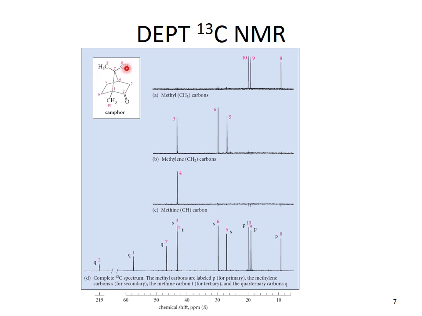If I look and see how many carbons I have, this methyl is different from this methyl because this one's close to the carbonyl, this one's over this side. So we have 1, 2, 3, 4, 5, 6, 7, 8, 9, 10 different carbons. So what we see here are 10 different carbons in the spectrum.